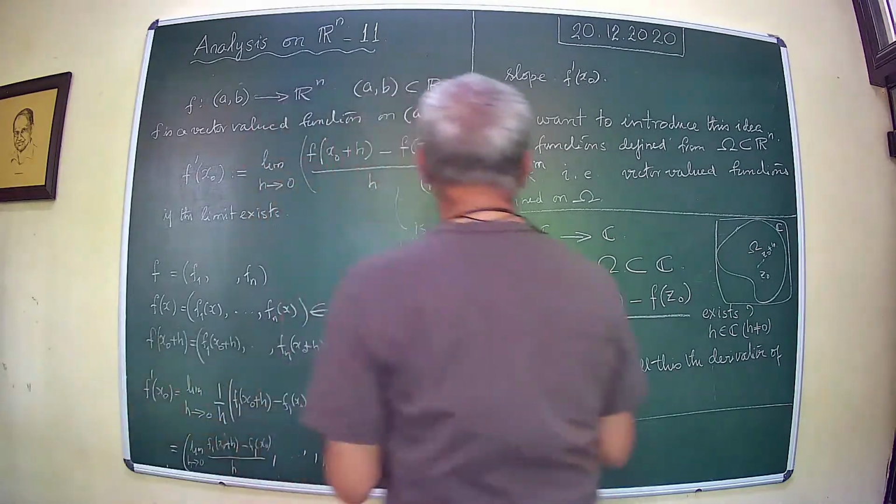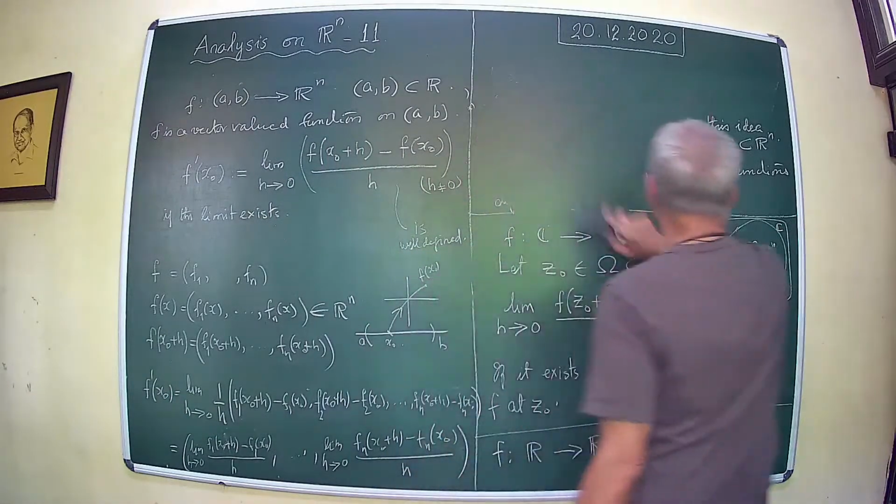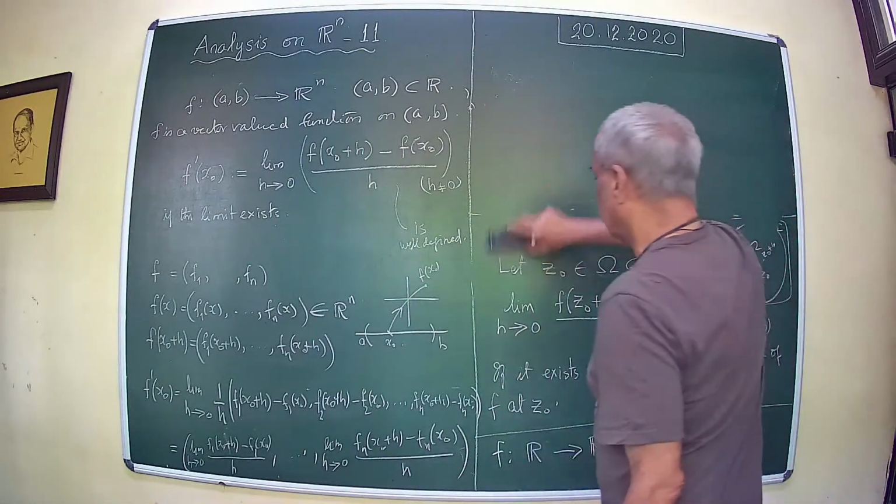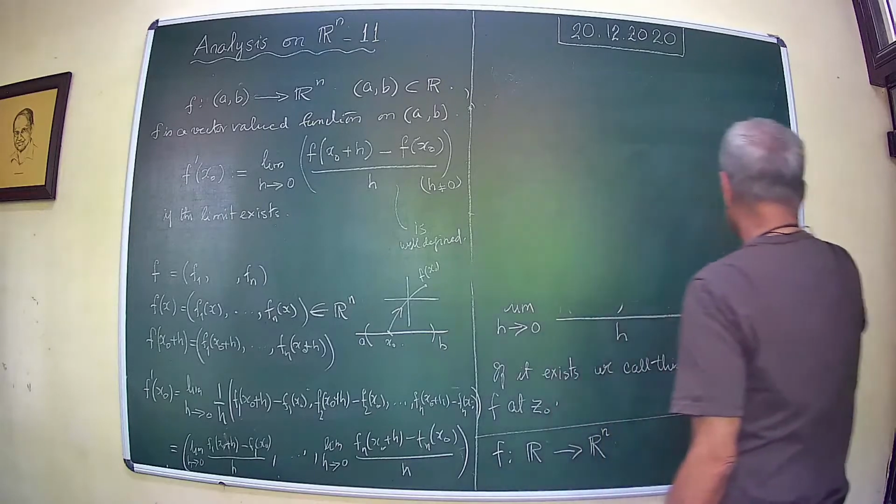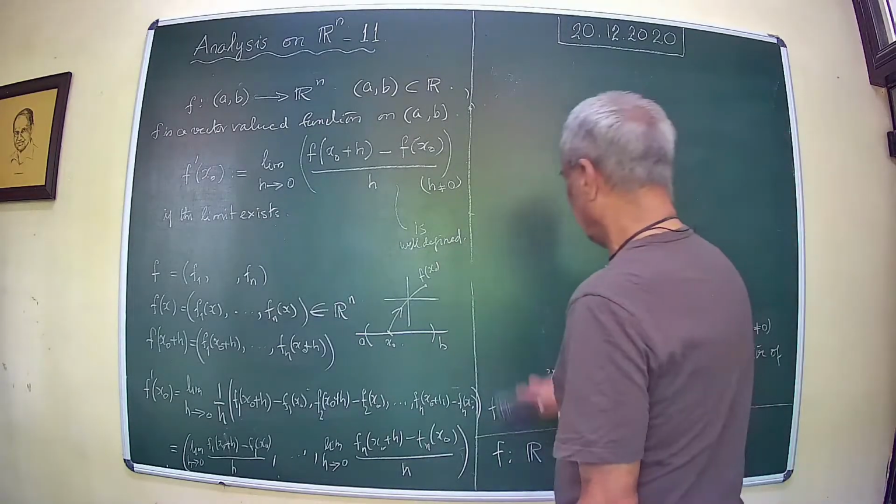So that would give you, if the limits of all these terms do exist, then you are going to have the following.